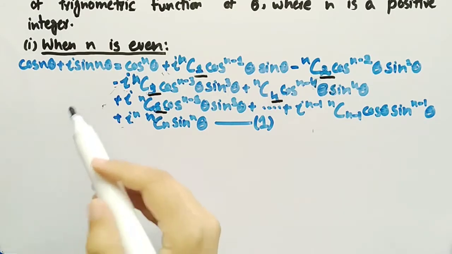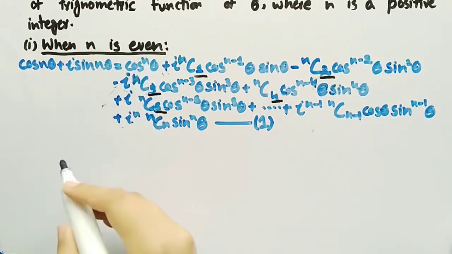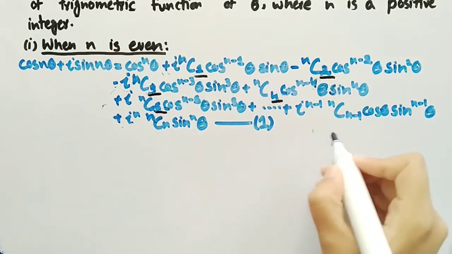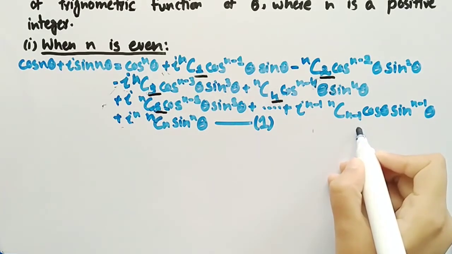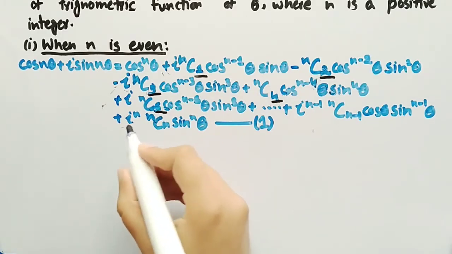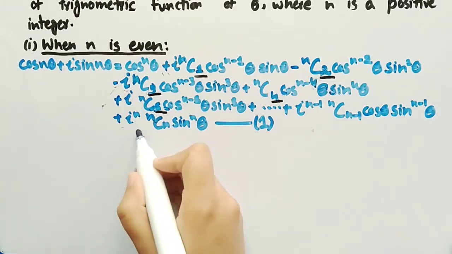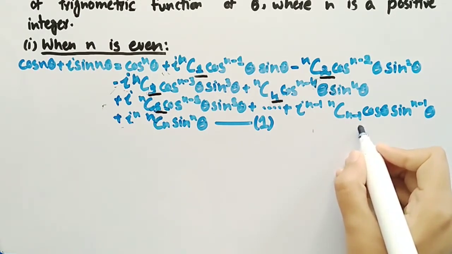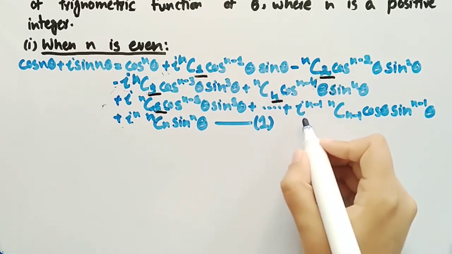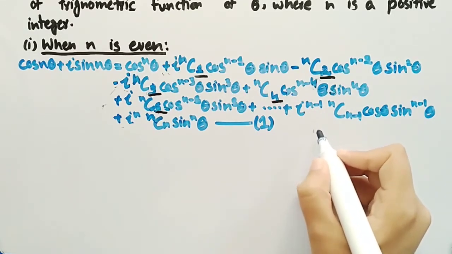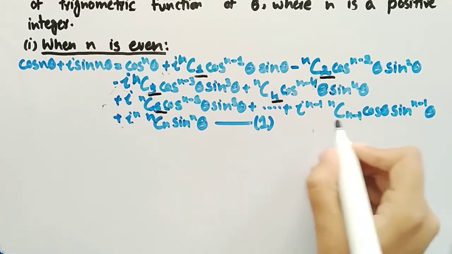Since n is even, when n is even, then n - 1 is an odd number. Since this n is even, with this term there should not be i present, and since n - 1 is odd, there should be i with this term, but it should be just i, not i^(n-1). So modify these two terms.